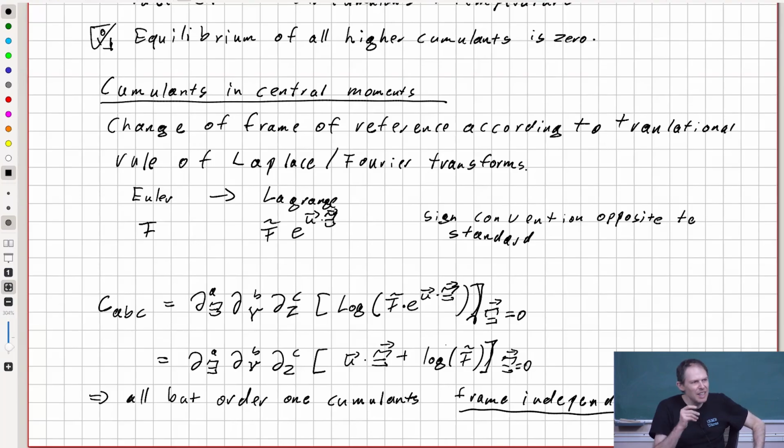Meaning we get Galilean invariance by the fact that in whatever frame you are, you always get the same cumulants out. So they're automatically independent of the frame of reference. Only the first cumulants depend on the frame of reference, and they give you the velocity in that particular frame of reference.